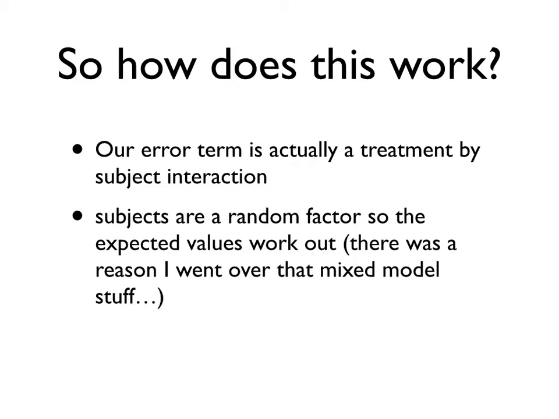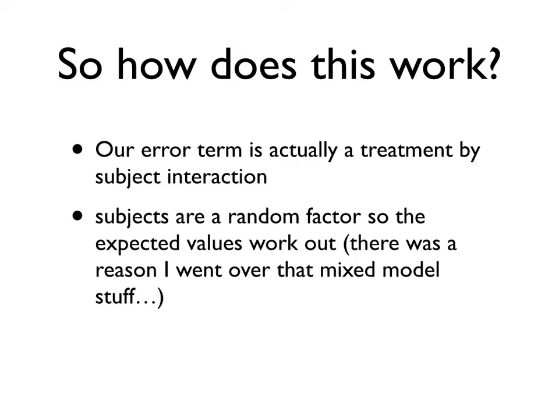In fact, if I worked out the expected values, or I showed you the expected values, the expected value of mean square treatment is going to be this. No, sorry. Tau plus variance due to tau, due to treatment, plus variance due to treatment by pi interaction, and the expected value of the mean squared for the treatment by subjects interaction actually just equals the interaction.